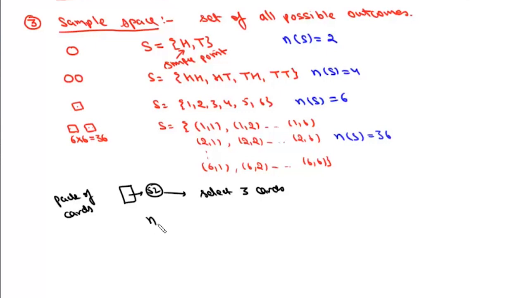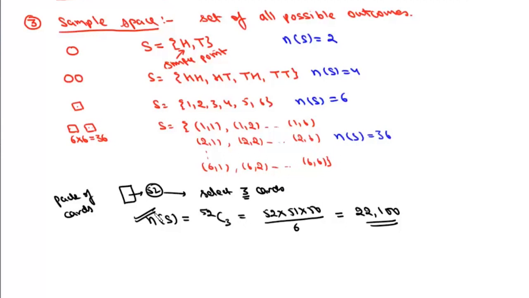So we'll simply find the number of elements in the sample space, which is the total number of ways of drawing 3 cards from a set of 52 cards. 3 cards from 52 can be chosen in 52C3 ways, which is (52 × 51 × 50) divided by 6, which is 22,100 ways. I do not wish to write all these 22,100 cases in my sample space, so I'm happy just writing the number of elements in the sample space.